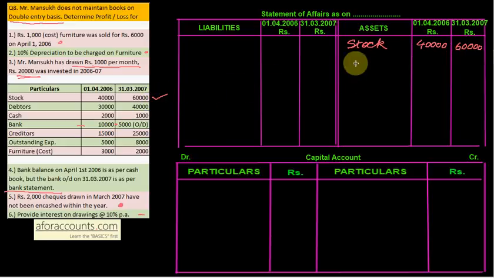Debtors also are current assets, 30,000 and 40,000. Okay, debtors is also done. Cash 2,000 and 1,000. Okay, bank.